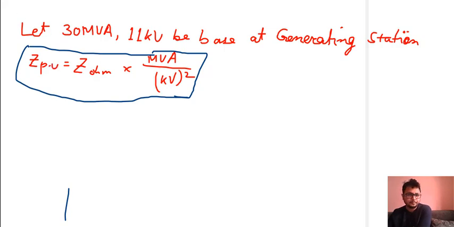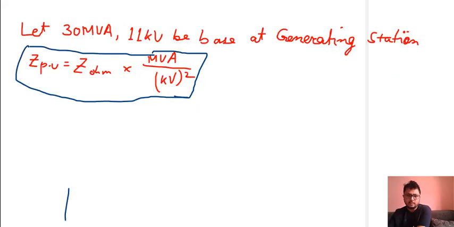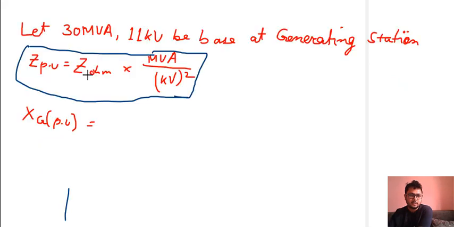Now see, first the generator reactance. What is given, how much in ohm, but we'll calculate it in per unit. So that is the reactance of the generator in per unit. Now see, what ohm value is given: 1.6, that is Z ohm.